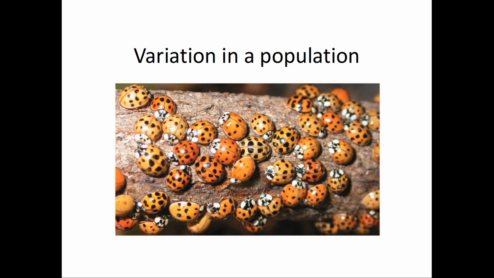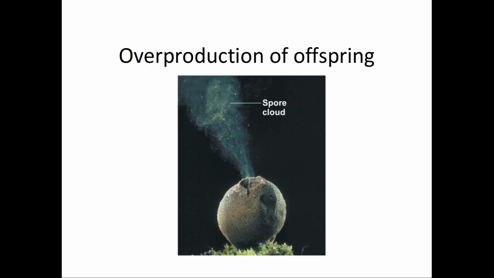So some variation is required. And also you have to have plenty to select from. You have to have an overproduction of offspring. If only one individual is fit, that's going to be a problem, right? Because you need a mating pair in most cases.